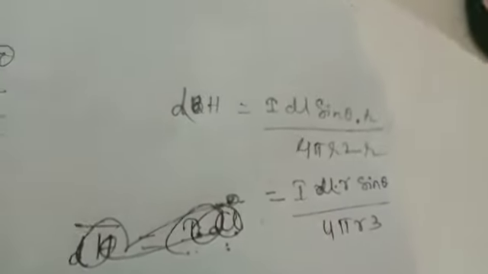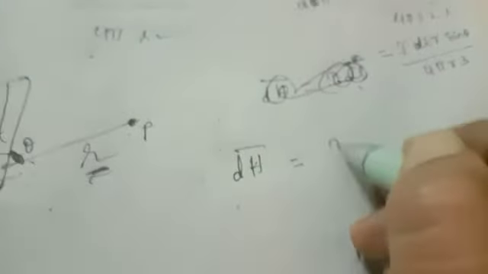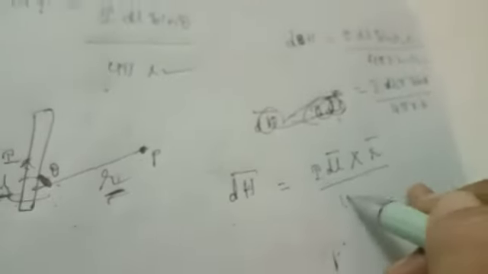Now, in order to represent this in terms of vector quantities, we represent it as I dl bar, and R is the distance between these 2 points. Let us represent this with the vector quantity, so we write R bar by 4 pi R cube.